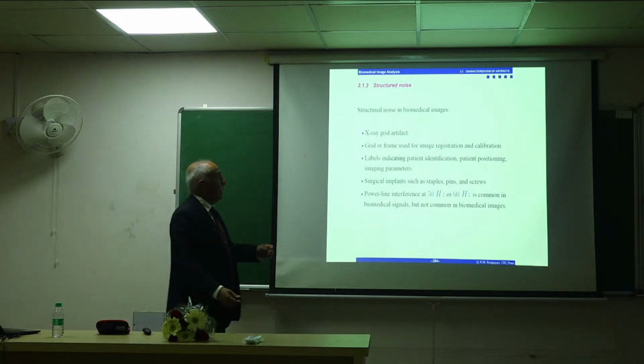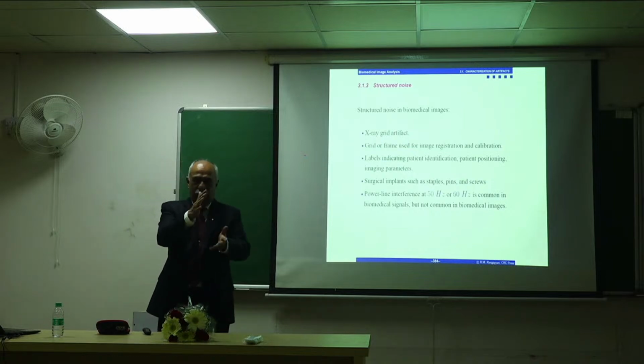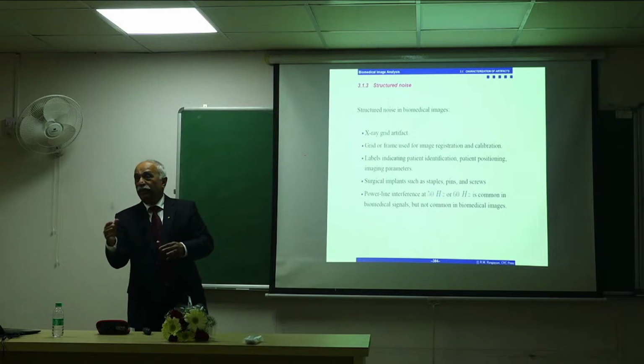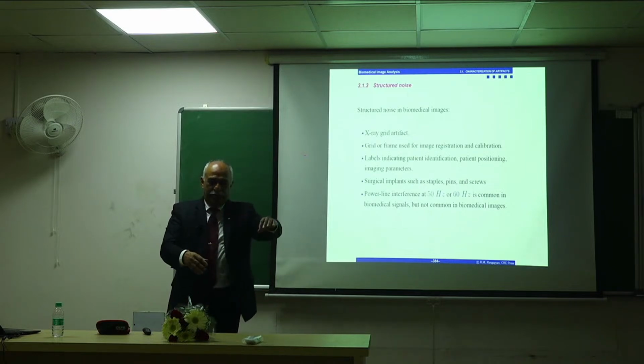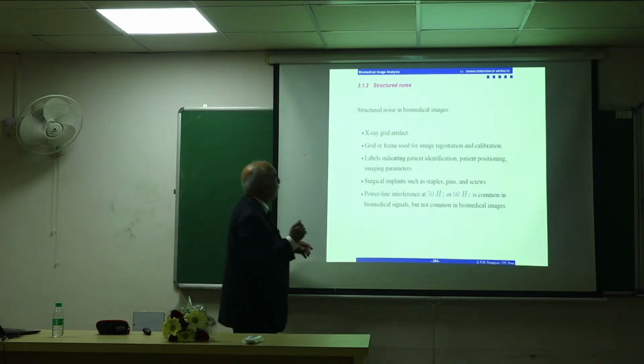They're supposed to be away from the part of the body being imaged, but sometimes they get too close. In the projected image, they may fuse or connect. They may not connect in the actual situation of the patient and the labels being placed, but in the image, due to the angle of projection, they may touch.